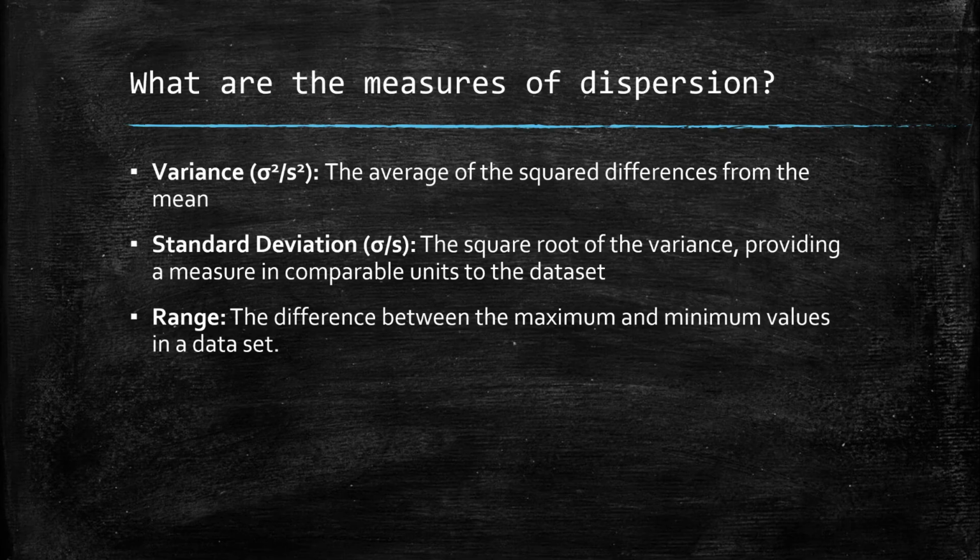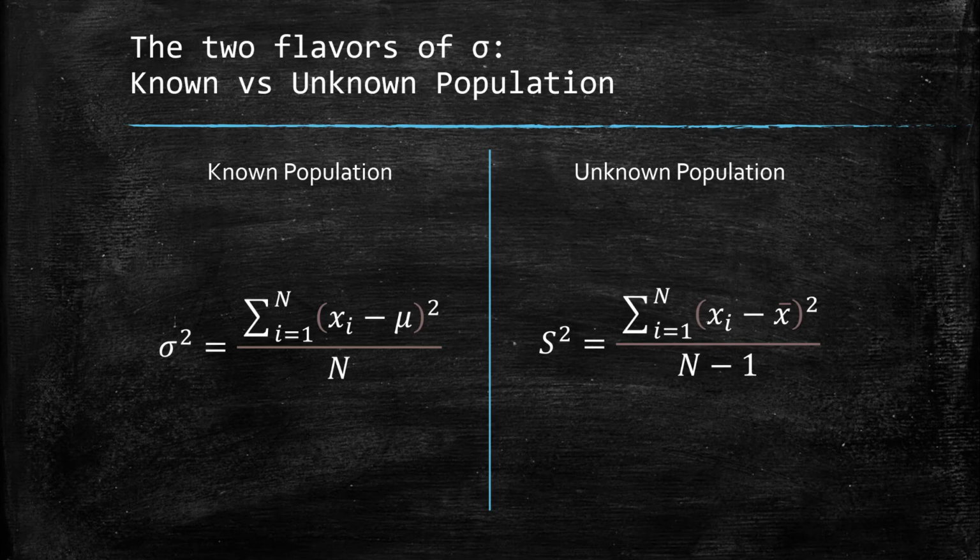Now, you might wonder why we have the sigma and the s. Well, that is because when dealing with the measures of dispersion, sigma comes in two flavors: known and unknown population. And these are denoted by two different equations.